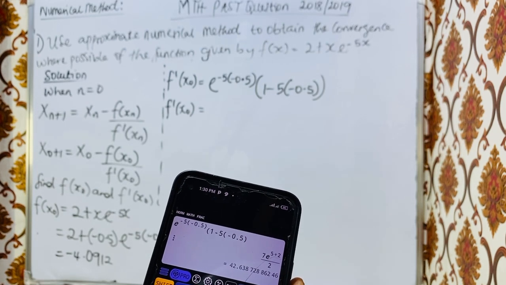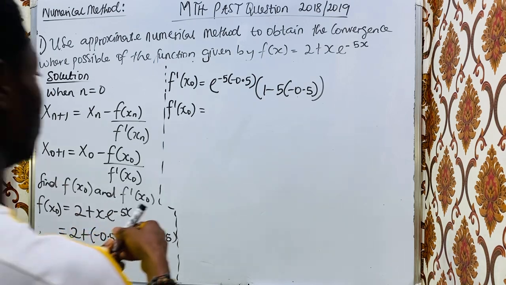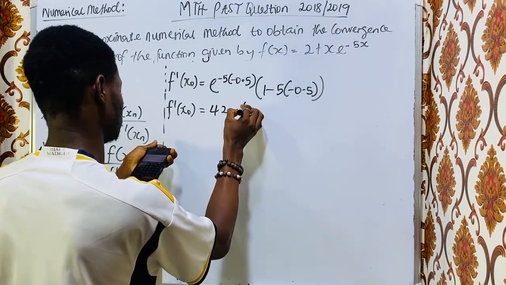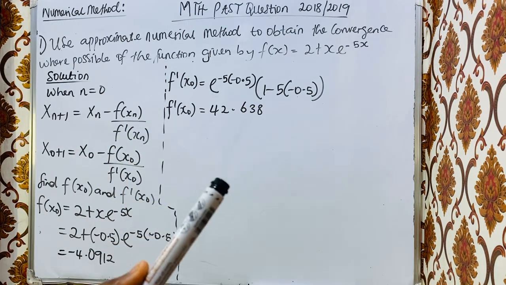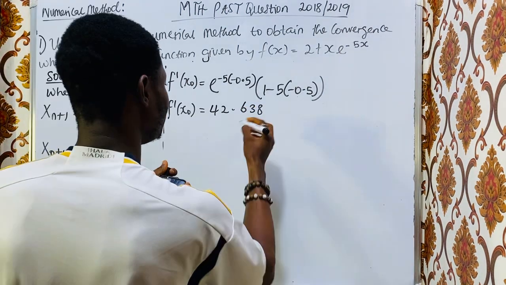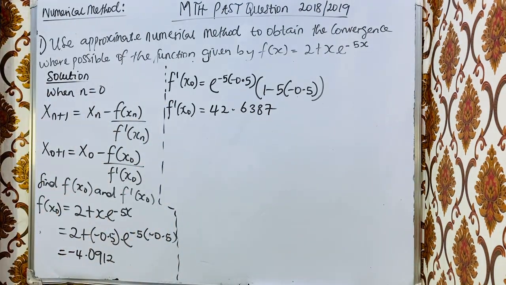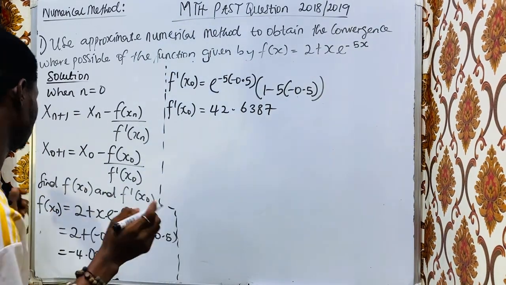It will give you 42.638. I hope you can see it. We are going to make it to 4 decimal places. Making it to 4 decimal places is always good.